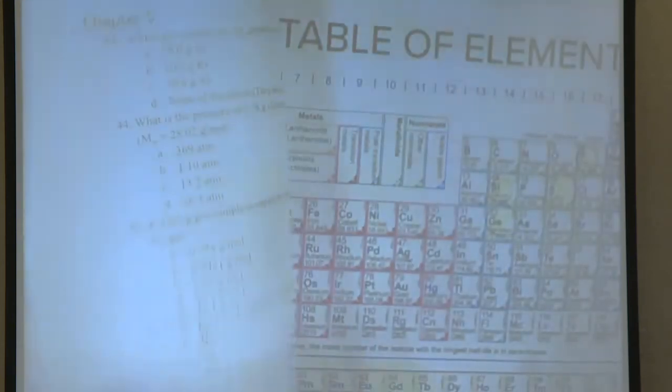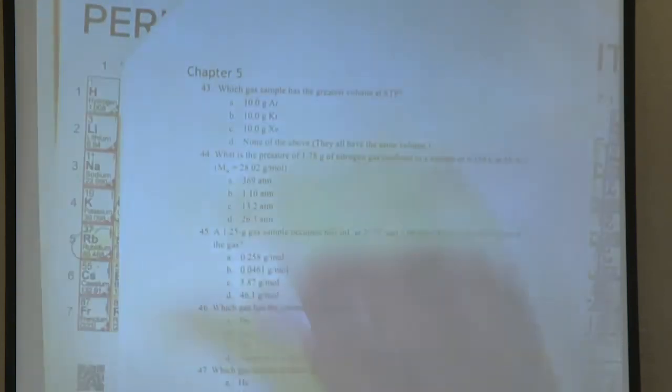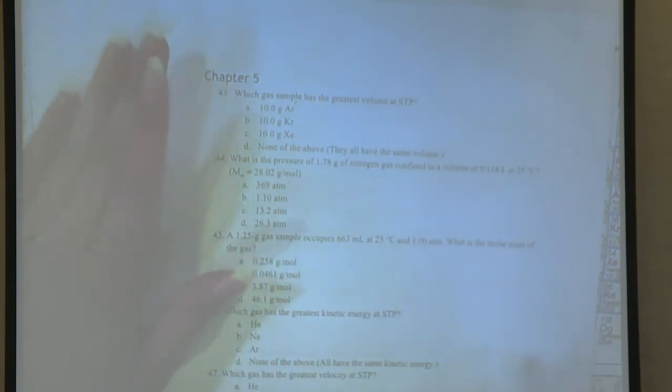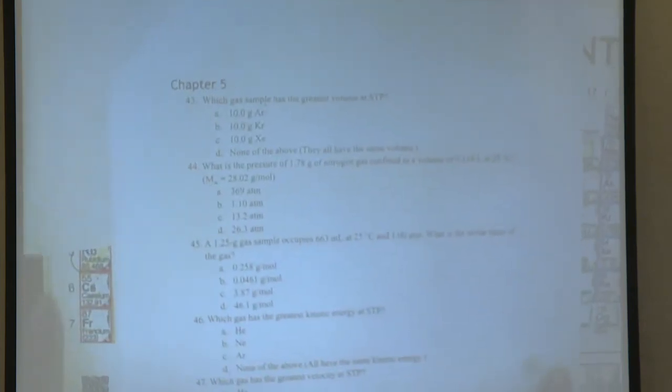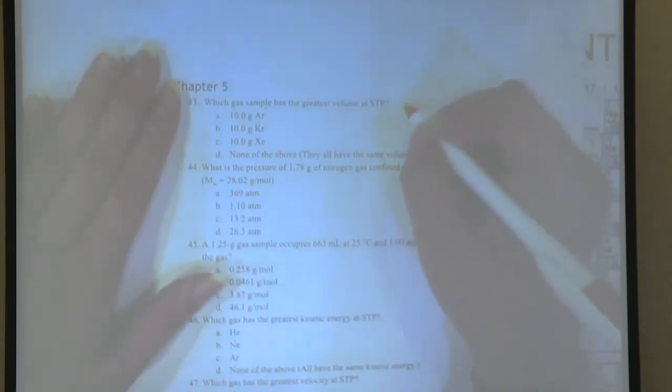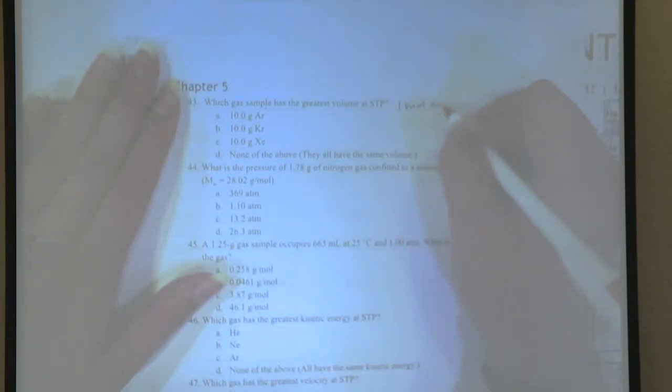The answer to 42 is A. So 43, which gas sample has the greatest volume at STP? There is this rule in gas laws that says that 1 mole of any gas occupies 22.4 liters.